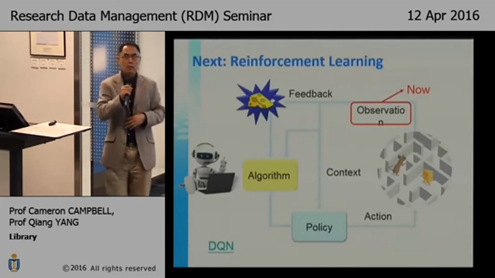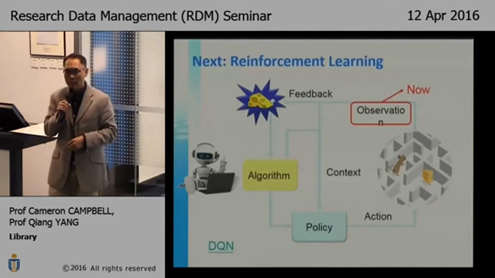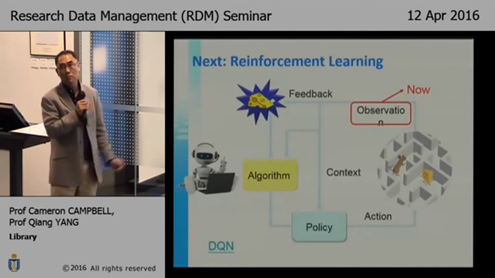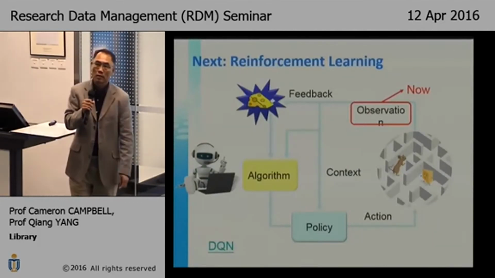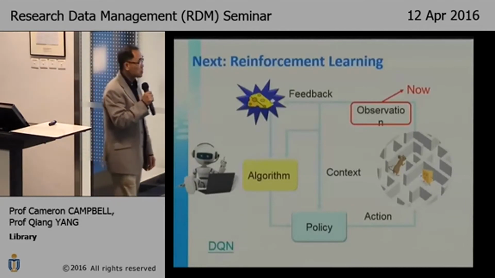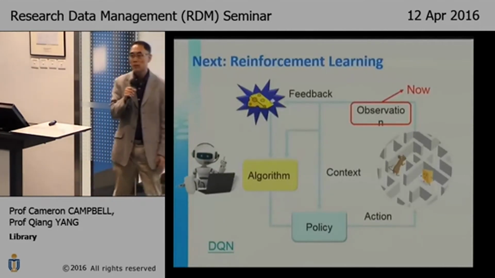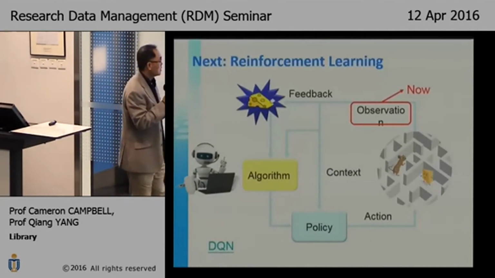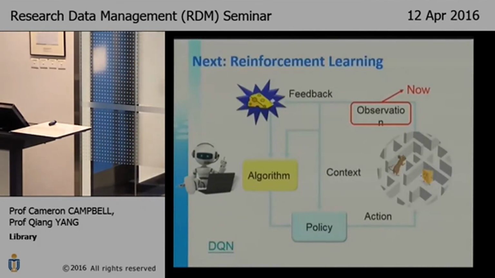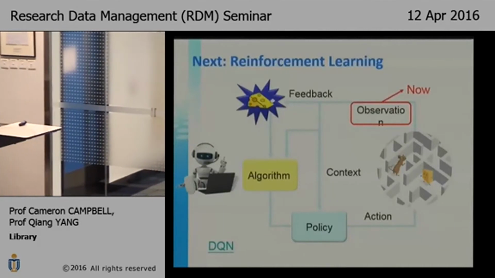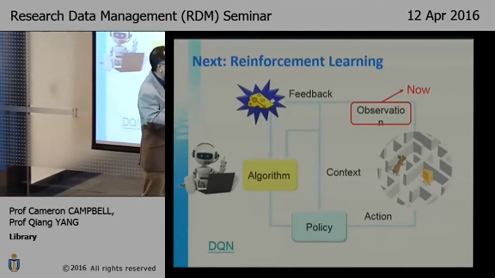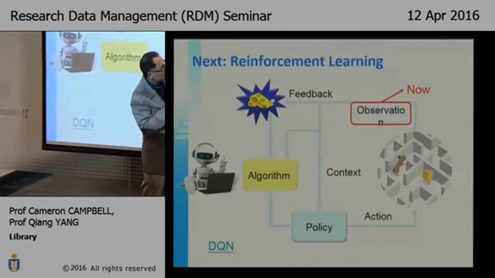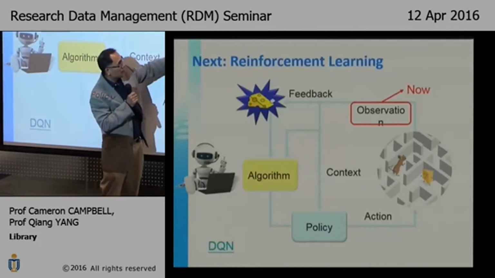Now what next? People have probably heard of deep learning, but the next thing to come is known as reinforcement learning. You will see many examples. Probably the next big news item is on this. The idea of this is very simple. Imagine yourself as a mouse traveling through a maze. You are trying to find your target. The mouse cannot have a global view, but it can do some recording.